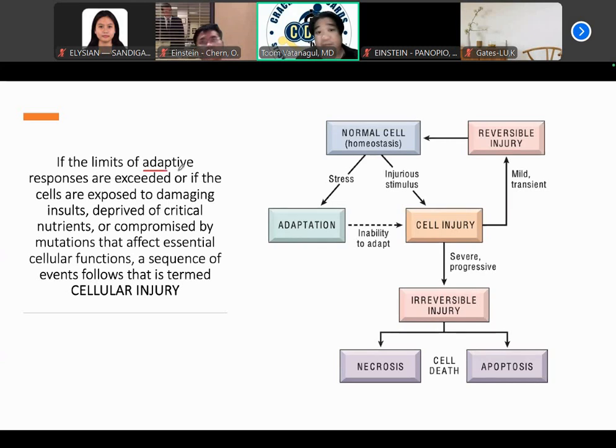If the limits of adaptive responses are exceeded, or if a cell is exposed to damaging insults, or the cell is deprived of critical nutrients, or there are mutations, what will happen? Cellular injury.